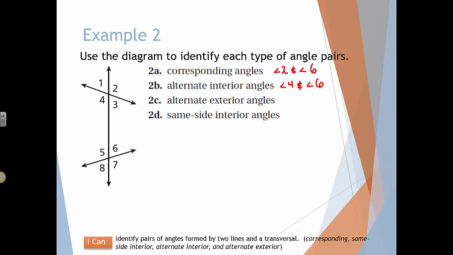You could have also said angles 3 and 5. Alternate exterior, on opposite sides of the transversal, and on the exterior, I'm going to say angles 2 and 8. You could have also said angles 1 and 7. And same side interior, I'm going to say angles 3 and 6. They're on the same side of the transversal and they're on the interior, but you could also say 4 and 5.